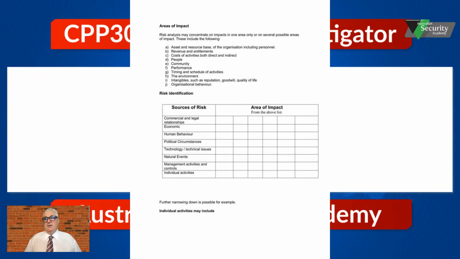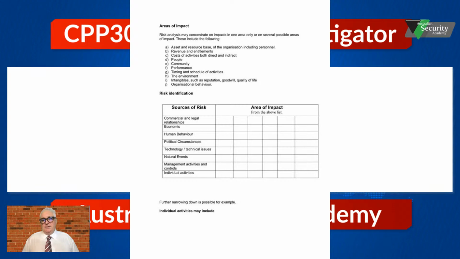Entitlements might include the use of the building they're in because they pay rent. The cost of activities, both direct and indirect. People, community, performance, the timing and schedule of activities, the environment. Intangibles such as reputation, goodwill and quality of life, and organisational behaviour.